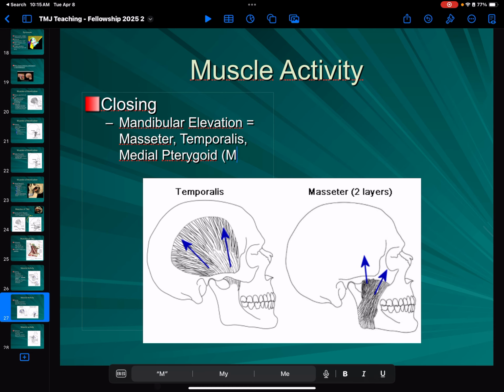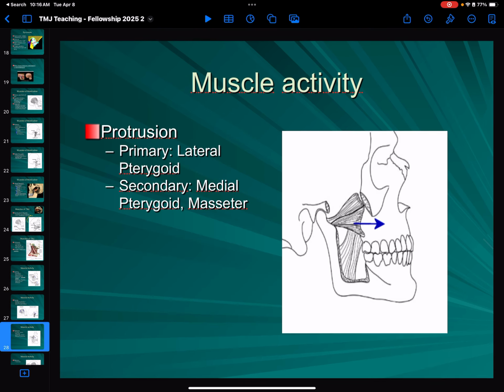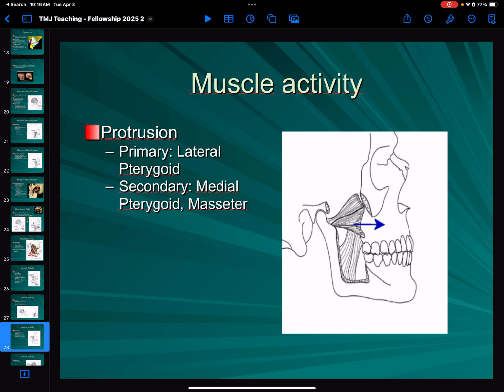Say it loud, confident. Lateral pterygoid. Good. And then the secondary, this is where the orientation of fibers comes in. There's a little bit of work through the medial pterygoid and the masseter just because of the orientation of the fibers, but it is primarily the lateral pterygoid doing that.